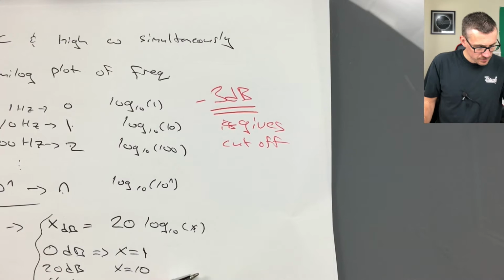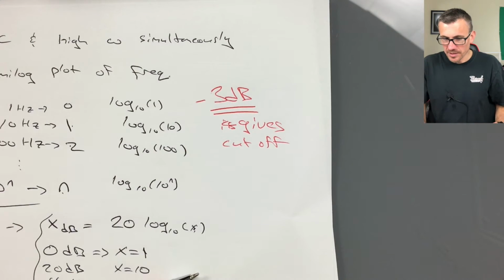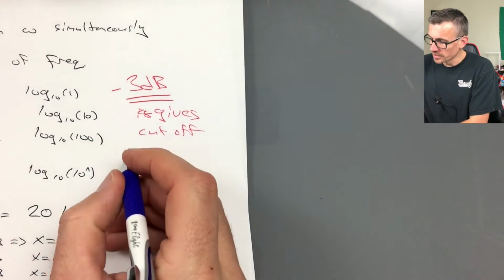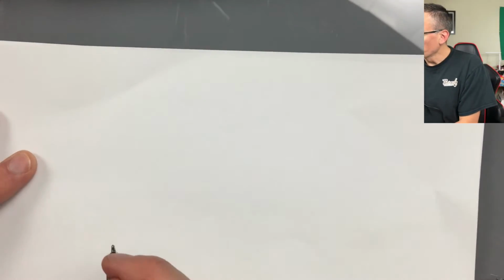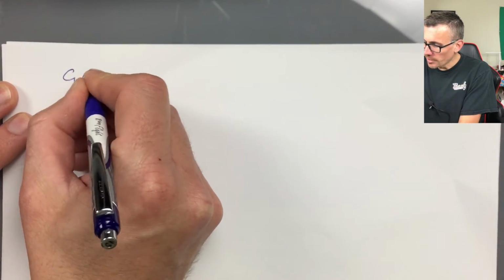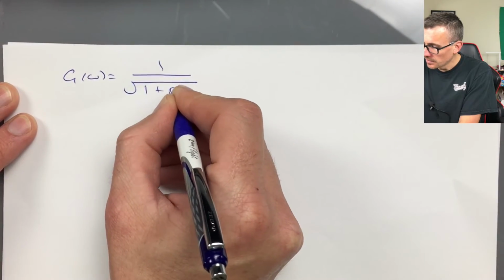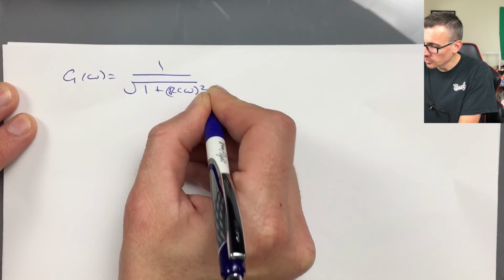Okay. The last thing I want to talk about with this is the so-called roll-off. And this basically can be understood as follows. If we have our frequency response, g of omega is 1 over 1 plus RC omega squared.